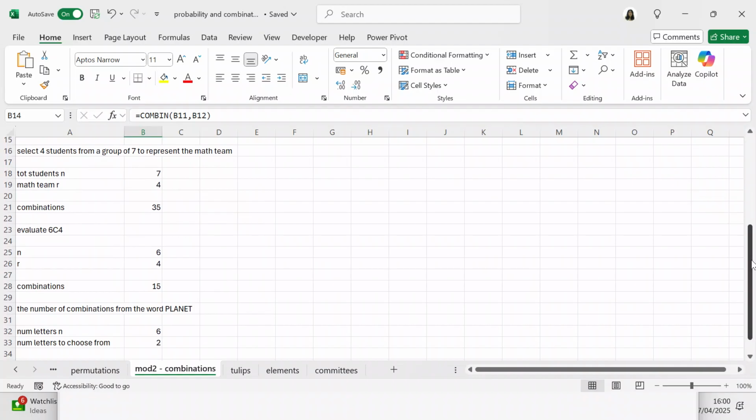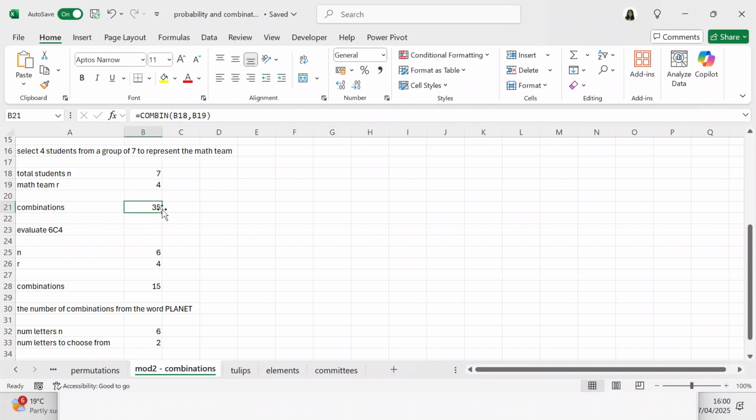The next question is select 4 students from a group of 7 to represent the school's math team. The total students, n, is 7, and the math team, r, is composed of 4 students.